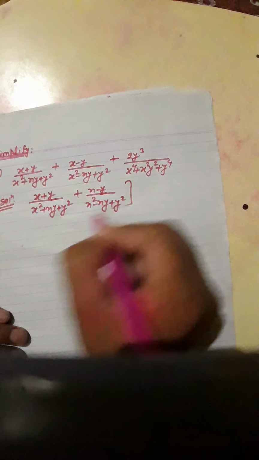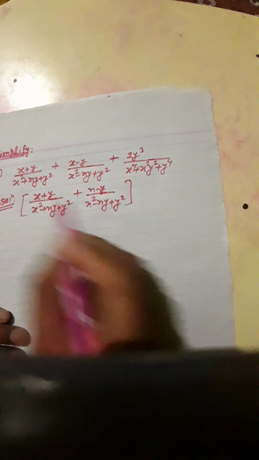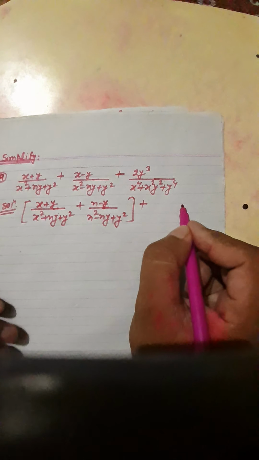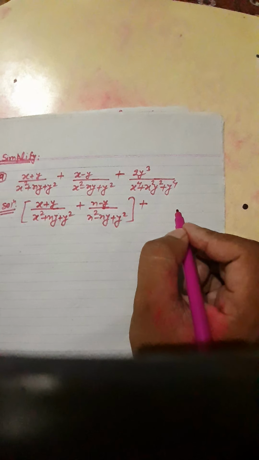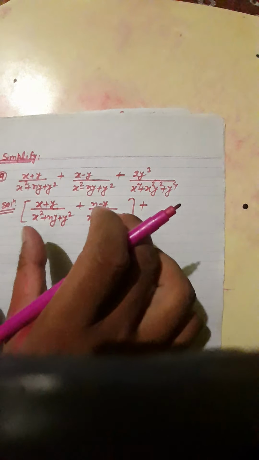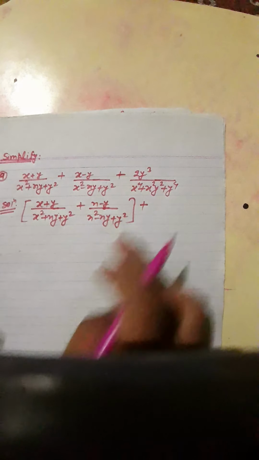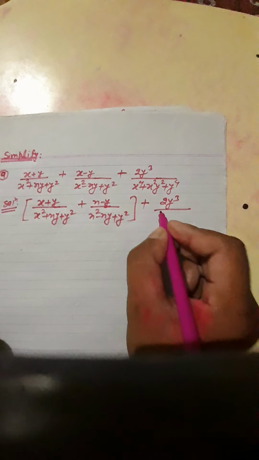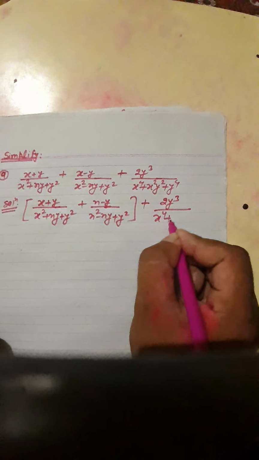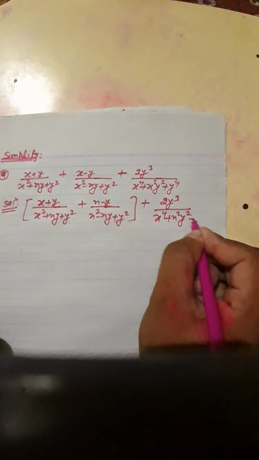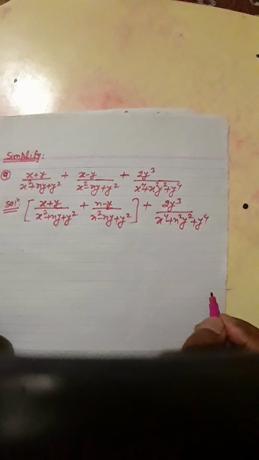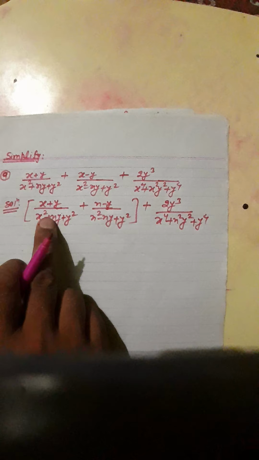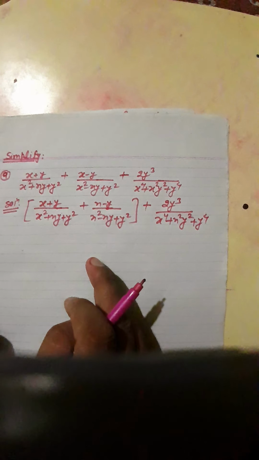We can keep these together inside a bracket, plus 2y cube upon x to the power 4 plus x square y square plus y to the power 4.